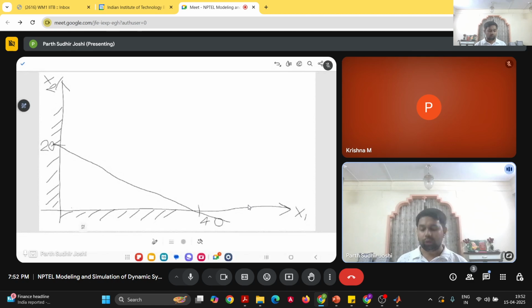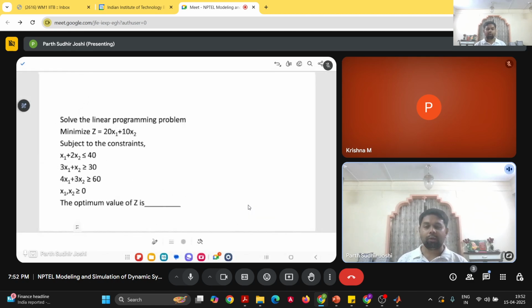So the simple way to do that is basically to substitute the coordinates of the origin 0, 0 in the constraint and check whether it satisfies the constraint. If the origin satisfies the constraint, then the zone which is below that line will be the feasible region.